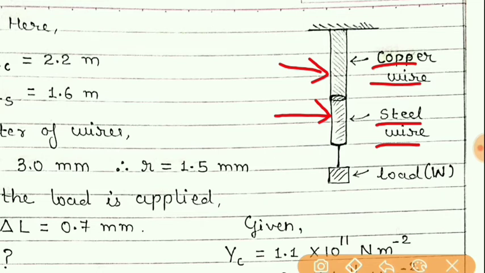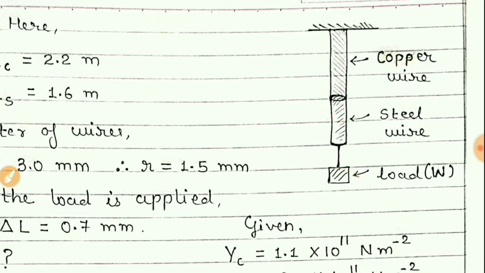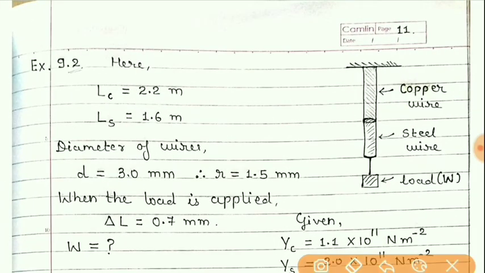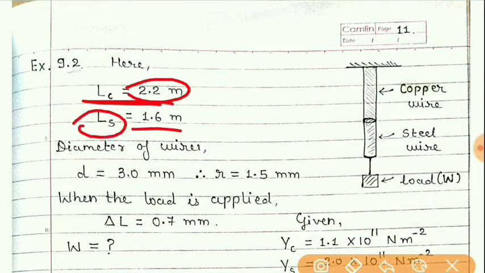So assuming that these wires are massless, this load will affect the steel wire as well as the copper wire equally. That means the force will be the same for both wires. Now the actual length of the copper wire is given as 2.2 meter, as well as the steel wire, its length is given as 1.6 meter. These lengths are actual lengths, that is before suspending this mass.